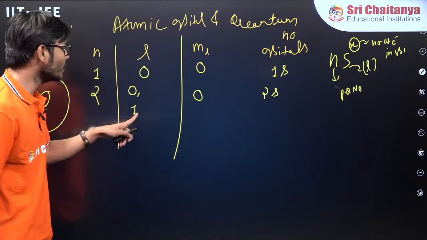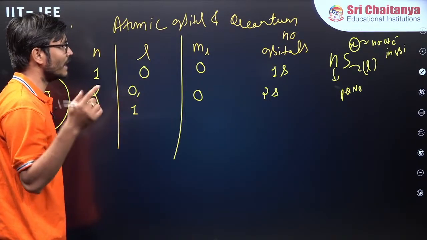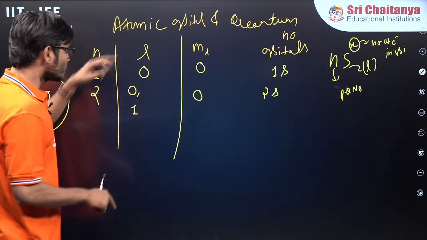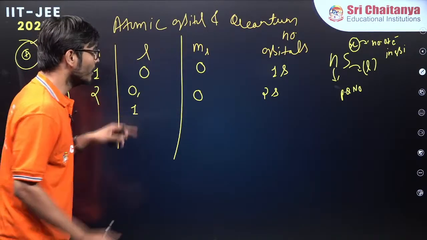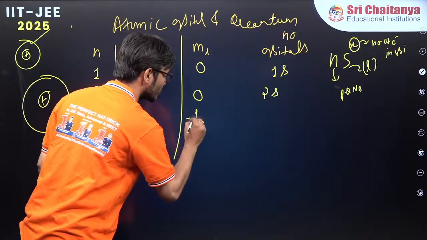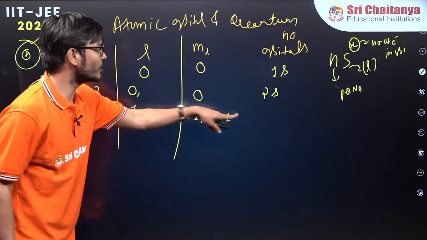What about 1? For L equal to 1, what is the shape? p, very good. And for L equal to 1, what are the ML values? ML varies from -1 to +1, so -1, 0, +1. So we have 3 orbitals.